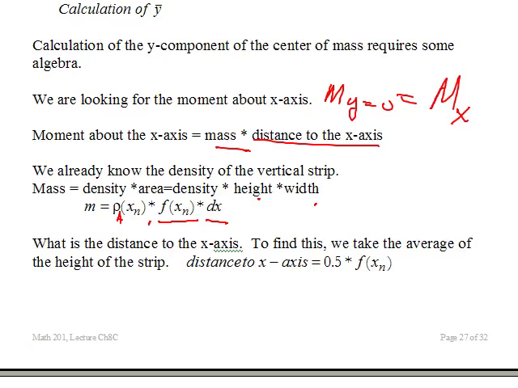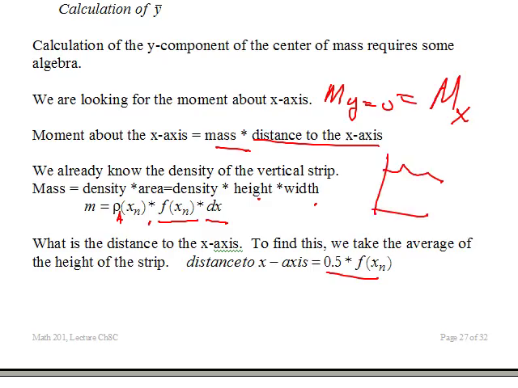What is the distance to the x-axis? We can just find this by taking the average height of the strip. So the distance to the x-axis is half of f of x, because we're going to look at a point right in the middle of it. Again, we're taking averages, so that gives us half of the height of the strip.